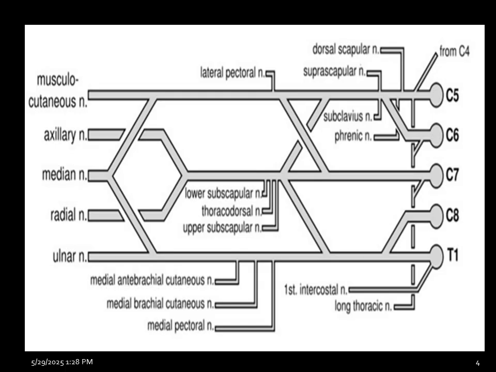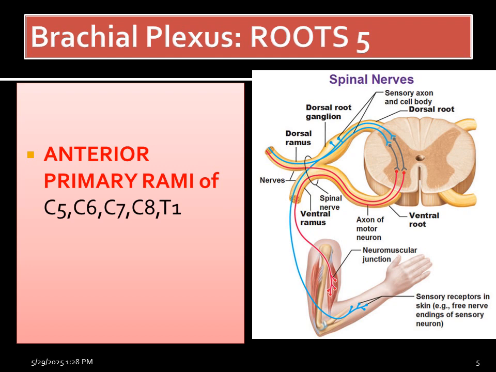In the diagram, C5 and C6 combine, C7 goes separately, and then the C8 and T1 roots combine. These are the anterior rami of C5, C6, C7, C8 and T1. The spinal nerve helps with the actions of the muscles.